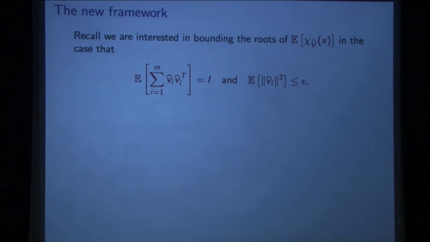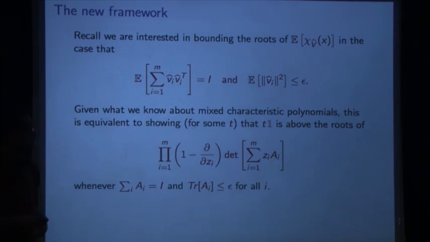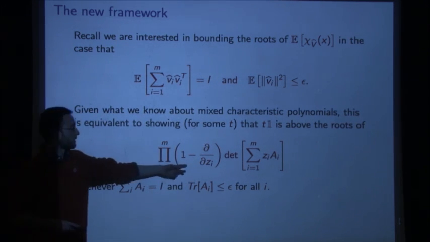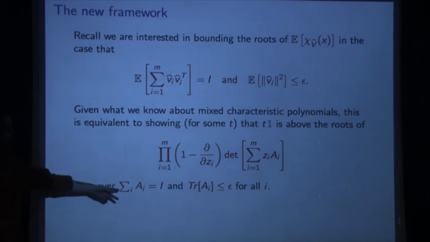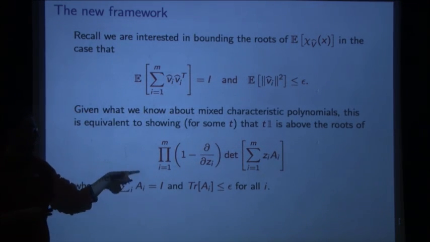And okay, recall what our actual interest is: bounding the roots of this polynomial in the case that the expected outer product is the identity and the expected norm squared is less than epsilon. Given what we know about mixed characteristic polynomials, I claim that this is equivalent to showing that for some t, t times the all ones vector is above the roots of this thing, whenever the sum over your A_i is the identity and the traces of the A_i are less than or equal to epsilon.